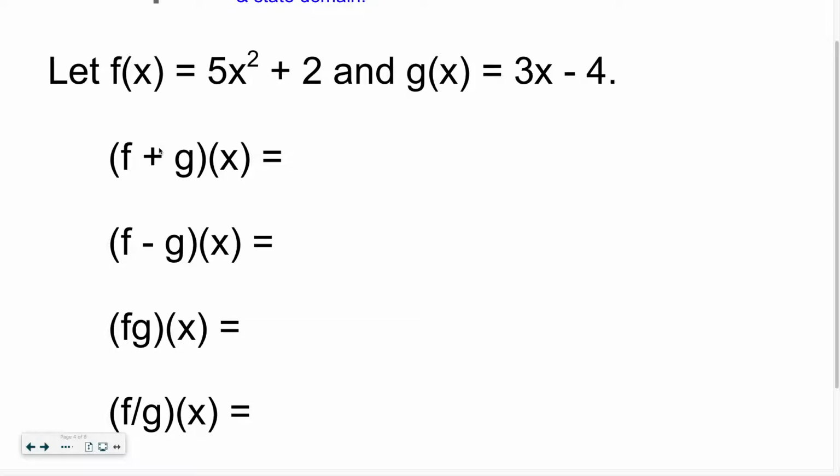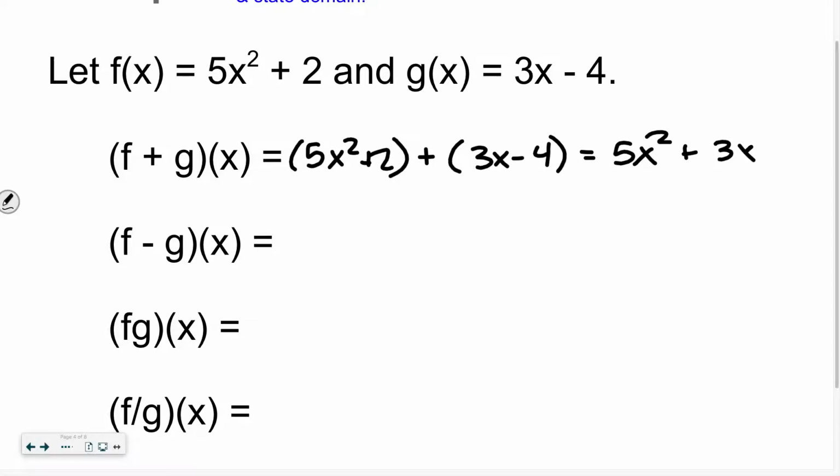Pretty easy. Review from really Algebra 1 and Algebra 2. Okay, I got the first one up.